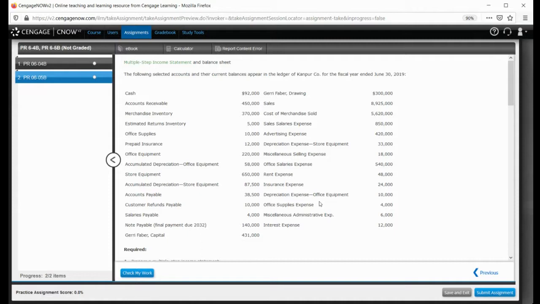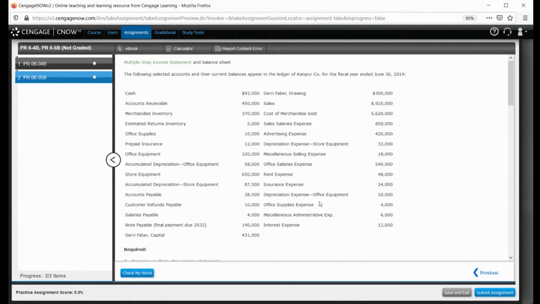There will be two types of operating expenses that we discuss. One is what we call the selling expenses, which are the expenses that are going to relate to the store and to the sale of the products. The second type of operating expense is going to be administrative expenses or your general expenses.